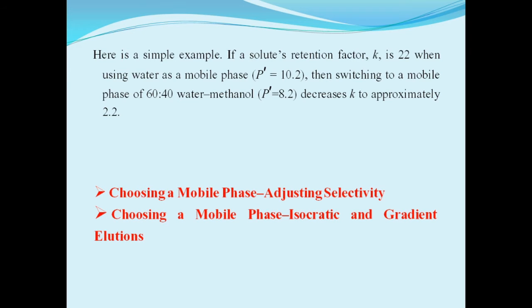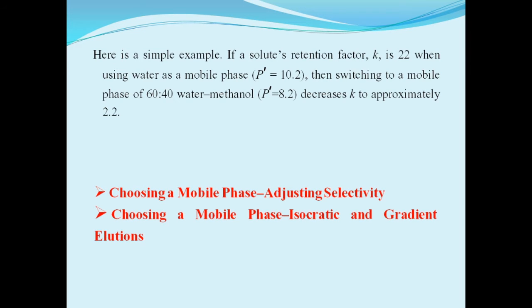Optimizing the mobile phase for late eluting solutes, on the other hand, may provide an inadequate separation of early eluting solutes. Changing the mobile phase composition as the separation progresses is one of the solutions to this problem.